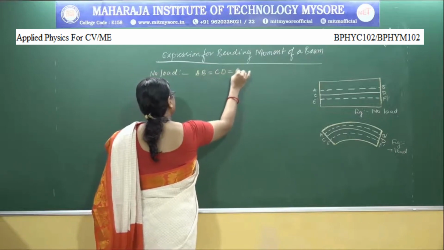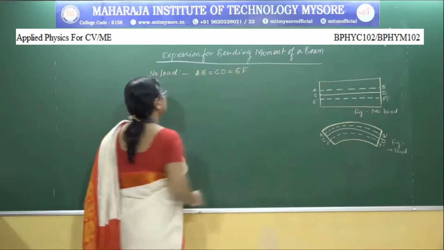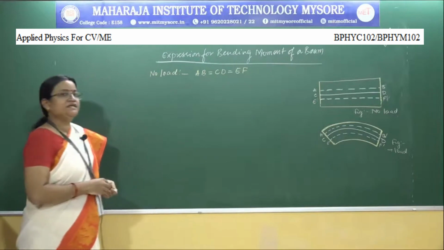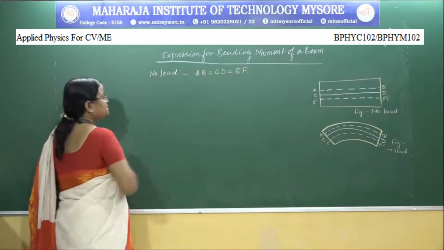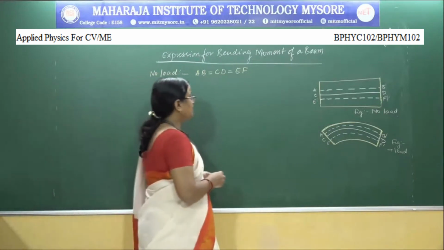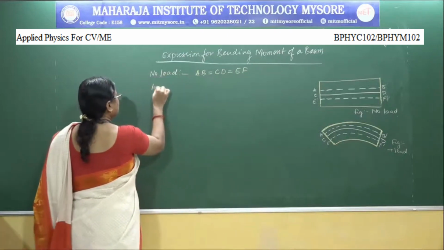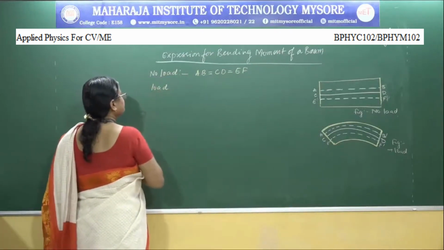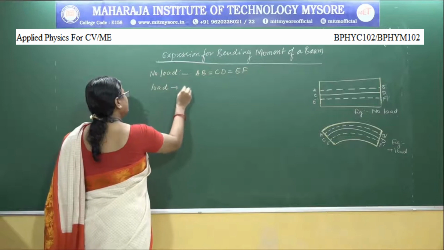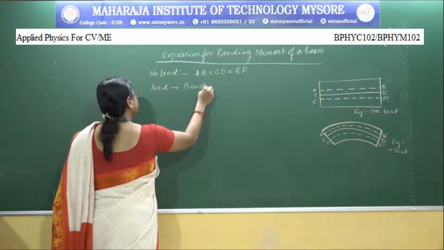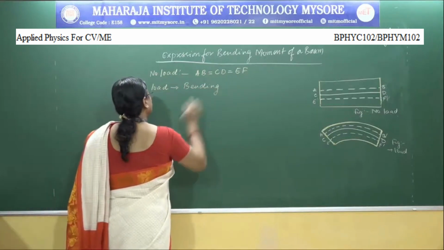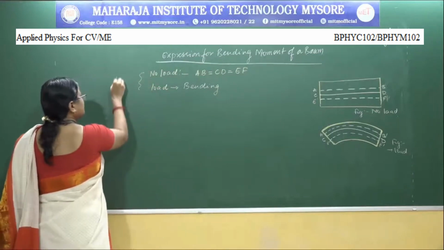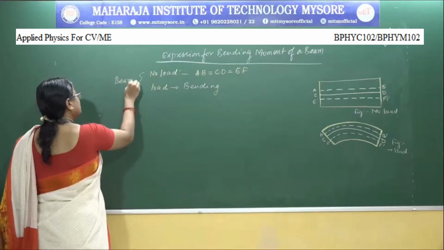AB will be equal to CD and that will be equal to EF. Next we consider that the load is applied and the beam undergoes bending.